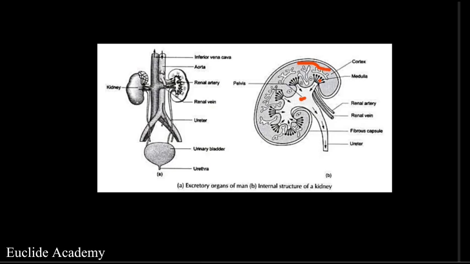The main job of the kidney is to filter blood and remove all the cellular waste from it. After filtering, you have clean blood going back into the blood vessels and continuing through the renal vein here. This is the renal vein. So that is how blood is filtered in the kidney.